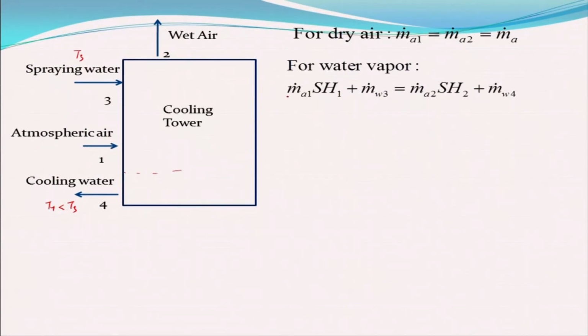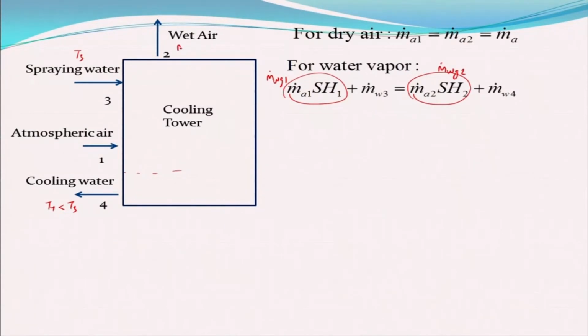If you look at this portion, it is nothing but m_w,g1, coming with the atmospheric air which is entering the tower, plus the amount of spray water which is coming, m_w3, simple water, nothing else. This is warm water, and it is equal to m_a ω2. So this is the amount of water vapor going out at this point.